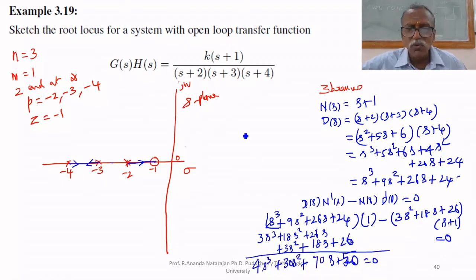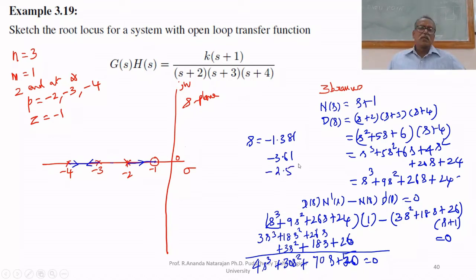The roots are s equal to minus 1.381, minus 3.61, minus 2.5. These are the three roots.